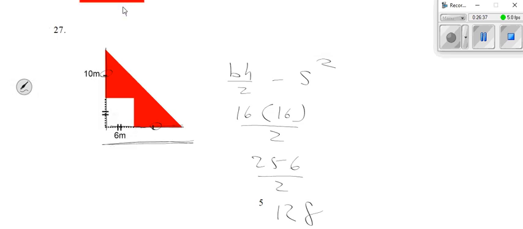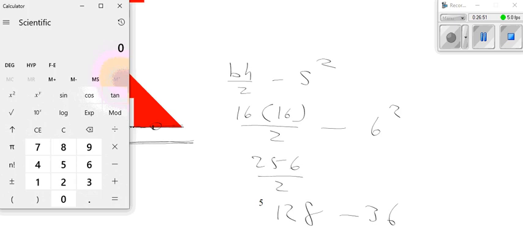The area of my square is 6 squared, which is 36. And 128 take away 36 is 88. No, 80. Uh-oh, brain not working. Calculator. One mouth error. 92. So therefore, the total surface area of that red is 92 square meters.